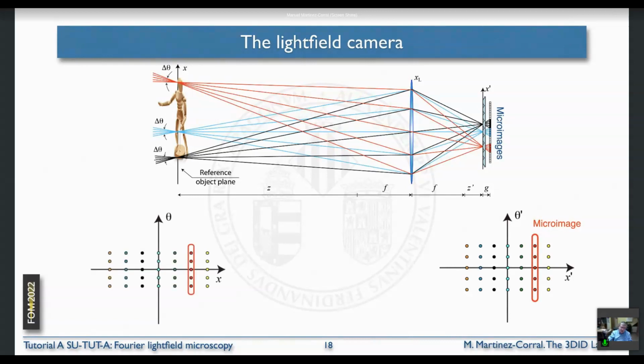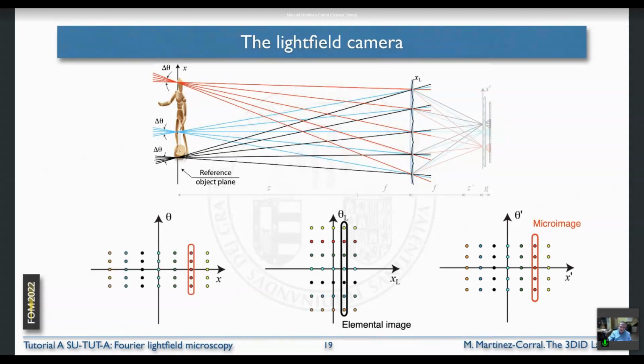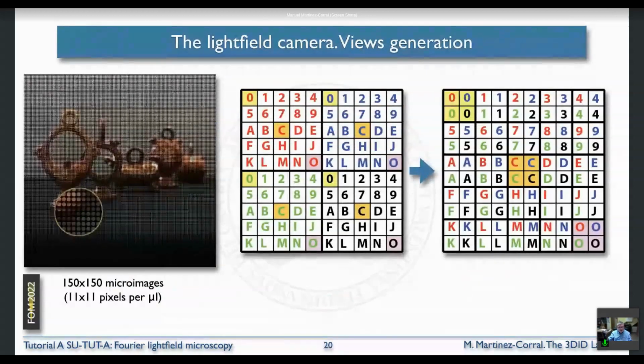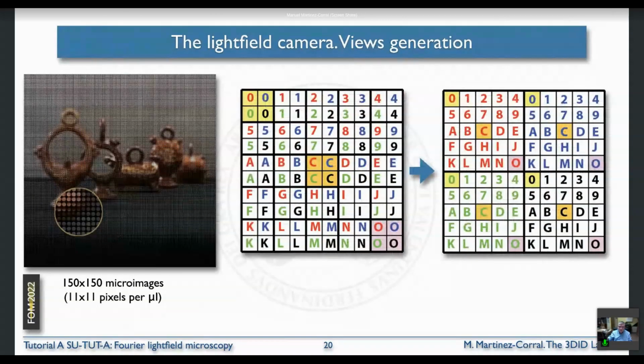So if you arrange properly this system, you have that this is the image obtained with the camera lens, with a Plenoptic camera. These are the micro images. And this is the algorithm of the pixel mapping I showed you before, but we can apply it in the inverse direction. So we can calculate from the micro images the elemental images.